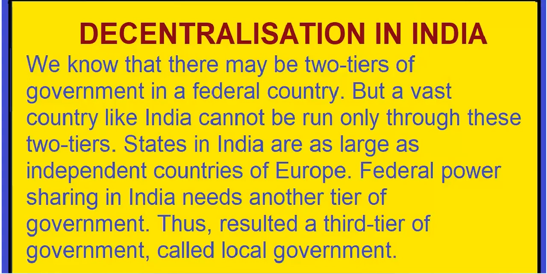States in India are as large as independent countries of Europe. Federal power sharing in India needs another tier of government. Therefore, a third tier of government was formed in India, which is called local government.